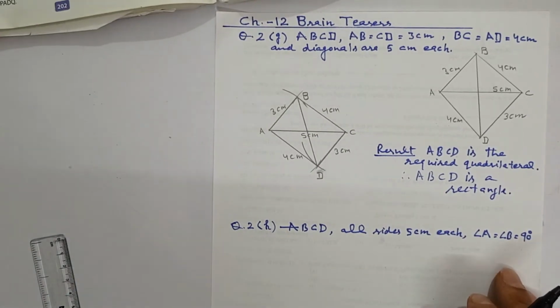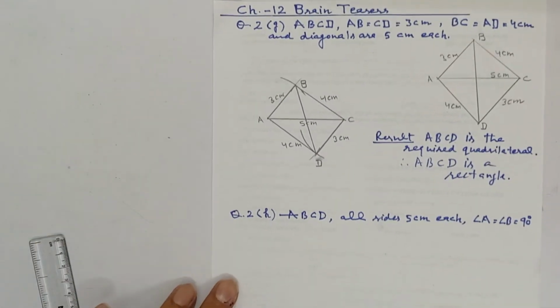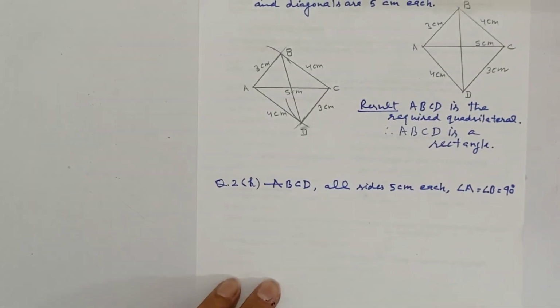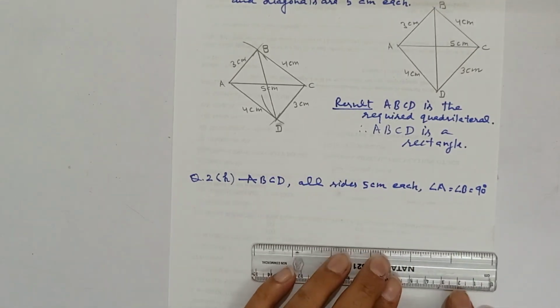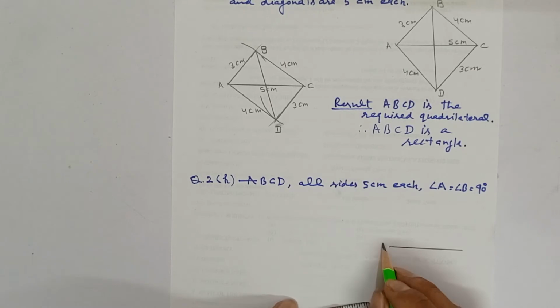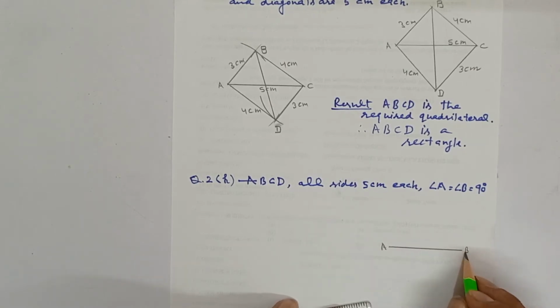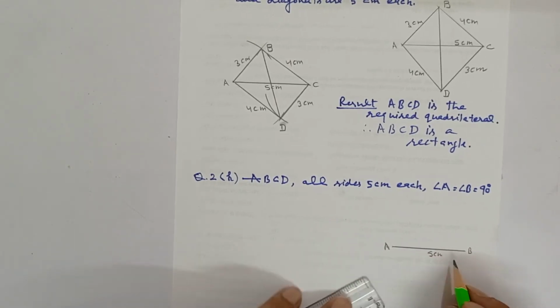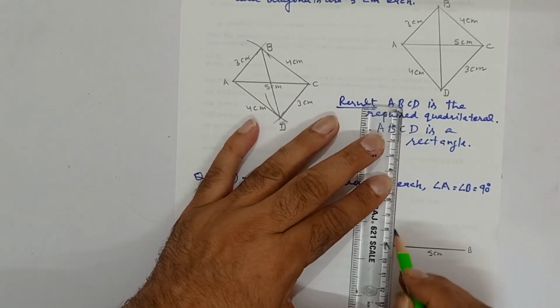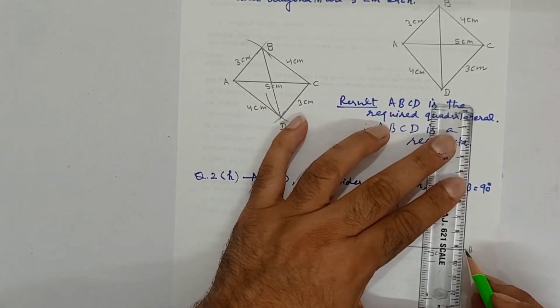Now, next question is ABCD. You are to construct it with all sides 5 centimeter each and angles A and B 90 degree. Suppose I take here AB and that is 5 centimeter. On point A as well as on point B, we make 90 degree.